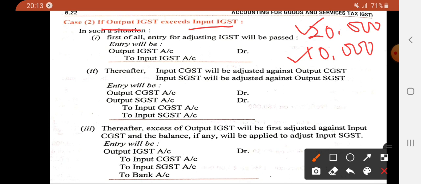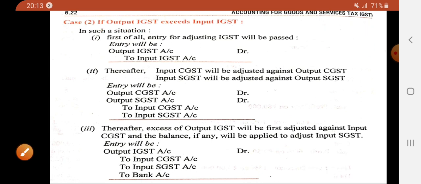Now at the time of sale, what you have collected is your output IGST. In such a situation, first of all, the entry of adjusting IGST will be passed. So first we will adjust the output IGST to input IGST. Thereafter, input CGST will be adjusted against output CGST.